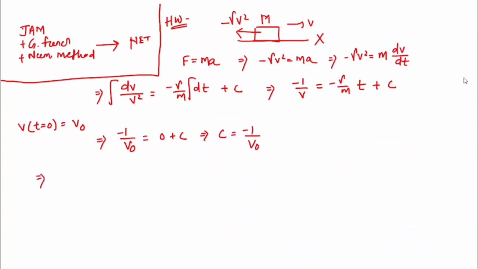Putting this constant in the equation, minus 1 by v is equal to minus gamma by m t minus 1 by v naught. After arranging, we get the answer v is equal to m v naught divided by m plus gamma v naught t.